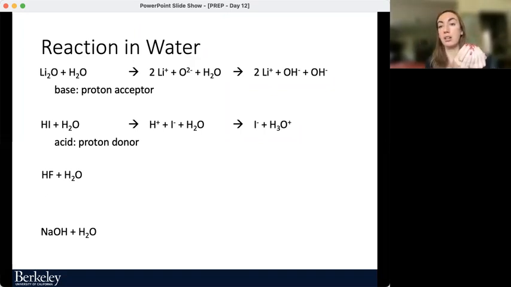But all I'm saying with proton acceptor or proton donor is I'm just moving a hydrogen from one compound to another. So everything here is still balanced. I still have a hydrogen, an iodine, 2 hydrogens and an oxygen on each side. All I've done is rearrange the bonds.